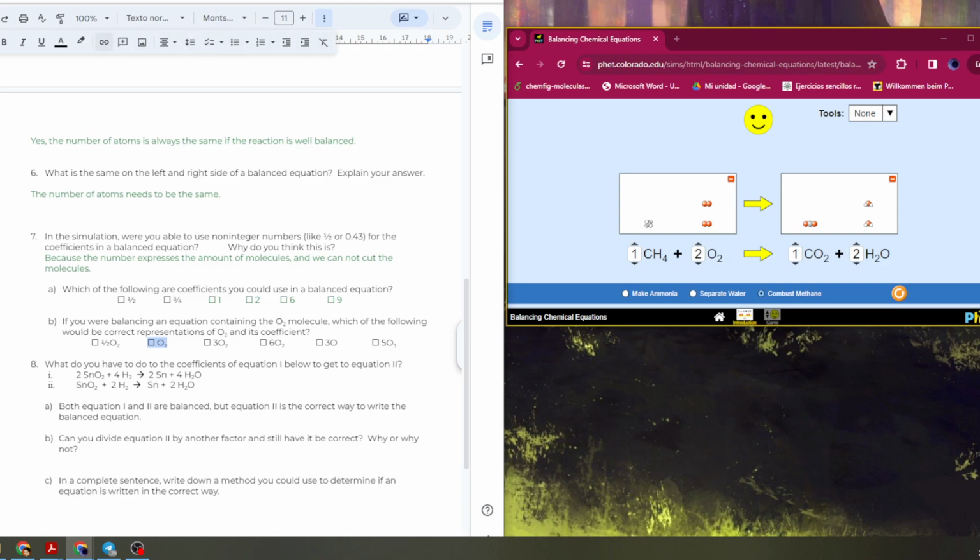Nothing is always 1. Okay. I can put 3 and 6. I cannot put 3O because taking away this number will make it another molecule. And I cannot put O3 because if I put here 3, there will be another different molecule.